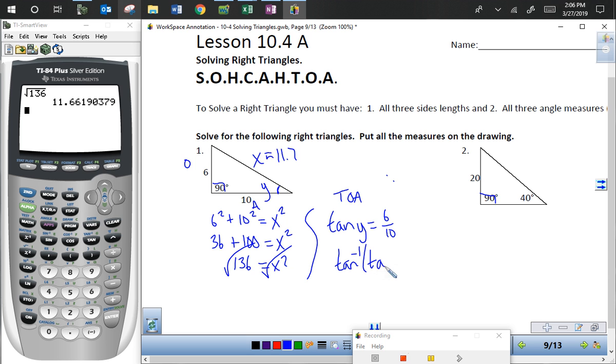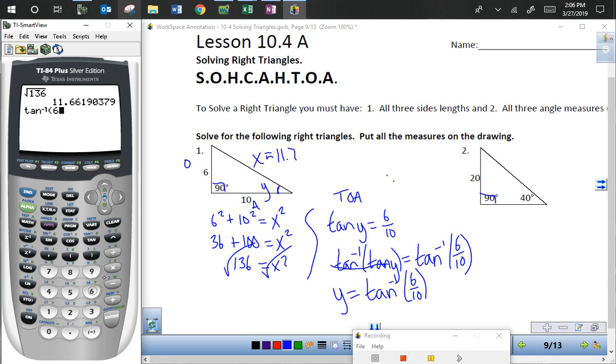Remember, we're doing that on both sides. But on the left, they cancel. So we just have y equals the inverse tangent of 6 over 10, which is about 31 with rounding there.